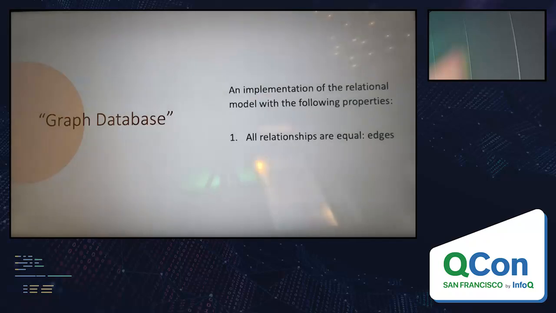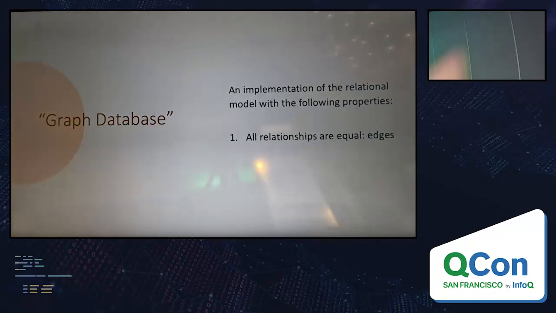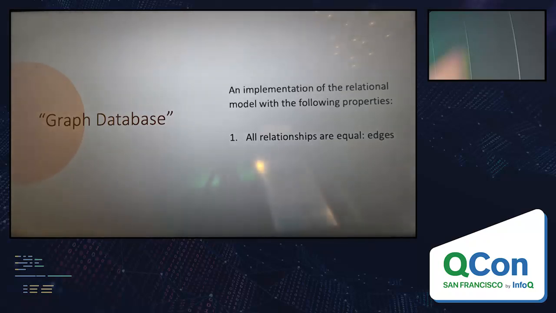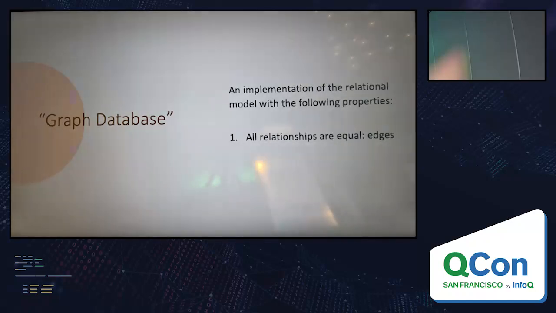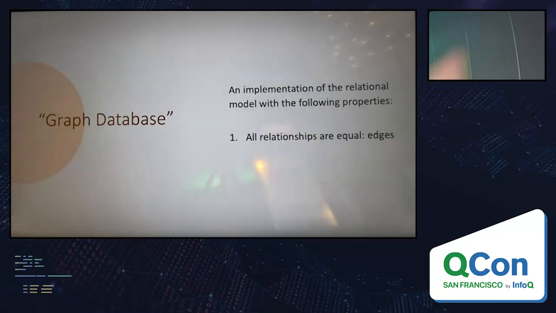Okay, all relationships are equal. Everything is an edge. If you think about a typical SQL database, if you're a relationship that is in one table, you're first class, right? It's super nice. I do a B-tree search, I get the row, and I have this whole relationship right there, basically for free. But if you're a relationship that exists across tables, I have to do a join, you're really second class.